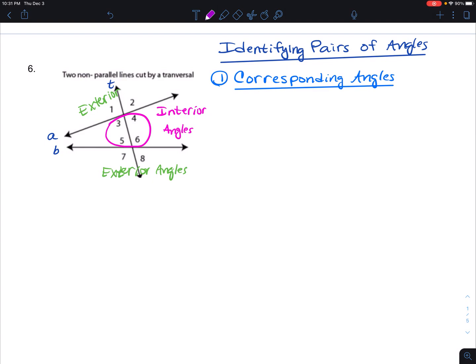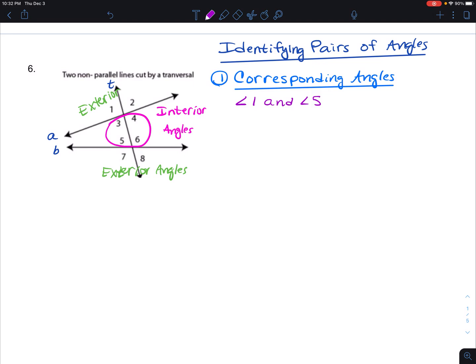For example, if you look at angle 1, it's sitting on top of line A on the left-hand side. So is angle 5, but it's on top of line B. So angle 1 and angle 5, they're sitting in the same position on the left-hand side of the transversal, and they're both sitting on top of their respective lines.